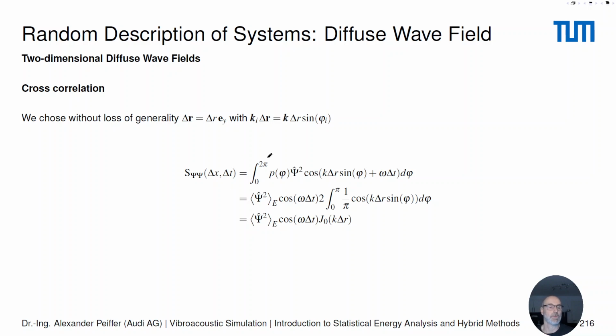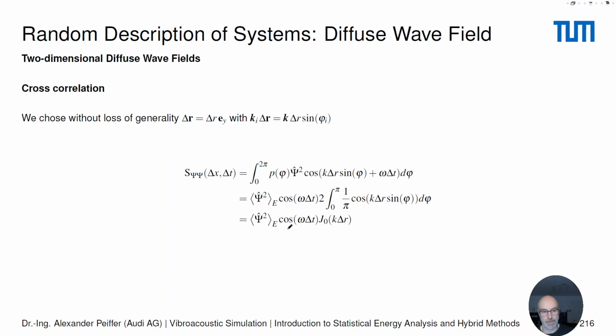Again, we use a probability function, in this case the 2D probability function, and apply the cosine expression as we have done before. Going step by step through the math and extracting all those parts that are not related to the integration, we finally get this expression for the cross correlation.